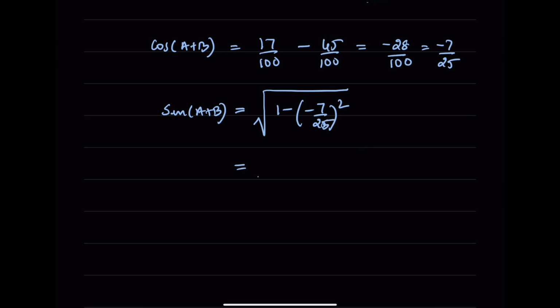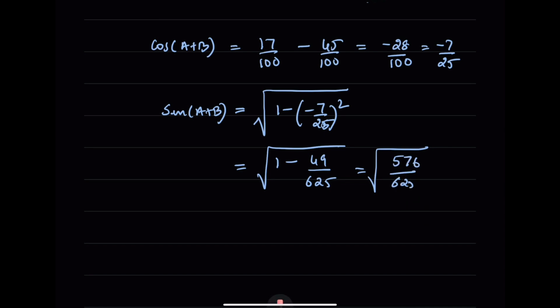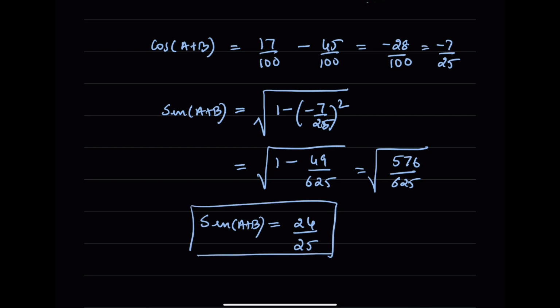So this is going to be square root of 1 minus 49 by 625. Now this will simplify to square root of 576 by 625. So square root of 576 is 24, and square root of 625 is 25. So sine of A plus B is equal to 24 by 25.